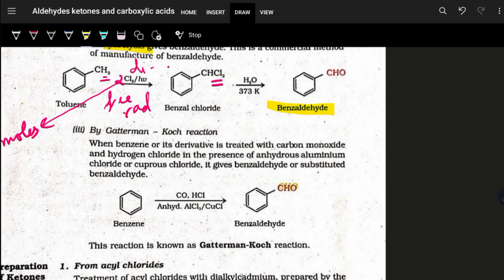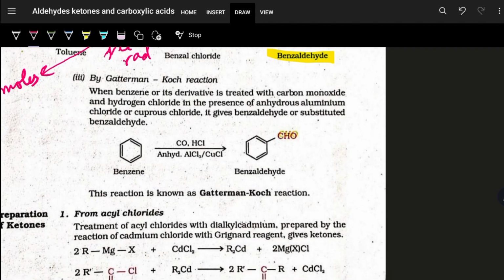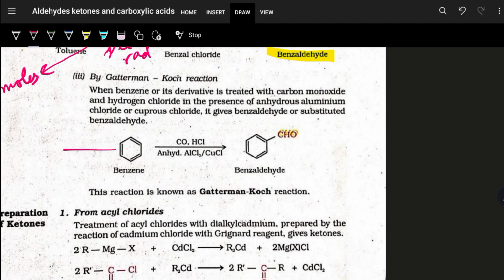Now some can say, why ma'am, I can obtain toluene from benzene. Yes dear, you can obtain. You can obtain toluene from benzene by Friedel-Crafts alkylation. Use CH3Cl in presence of anhydrous AlCl3 and you obtain toluene.